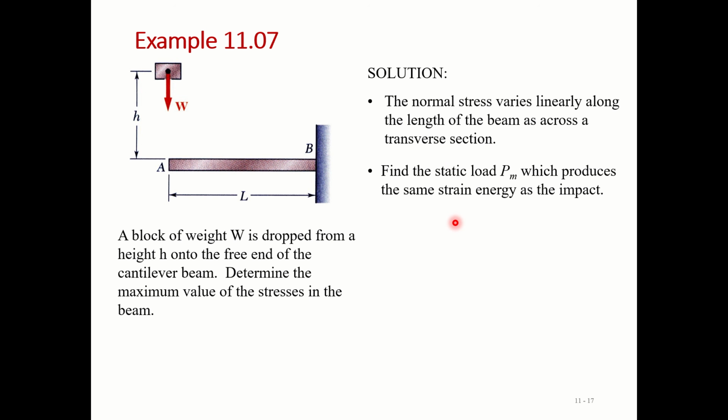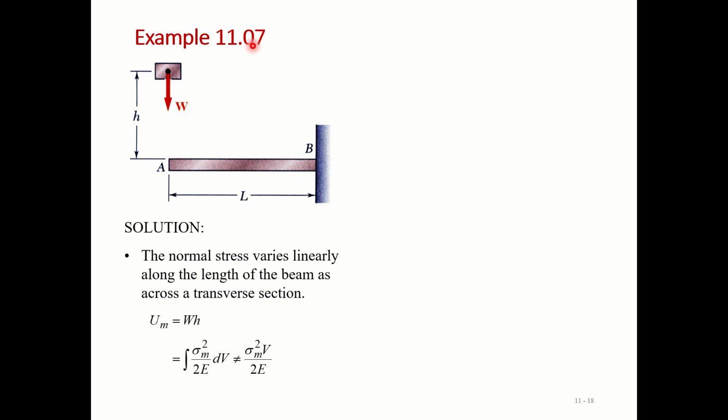For the static load Pm, which produces the same strain energy as the impact, we have derived the strain energy for the beam, sigma square m divided by 2E. Here the strain energy due to the dropping load is equal to Wh, which is the potential energy.